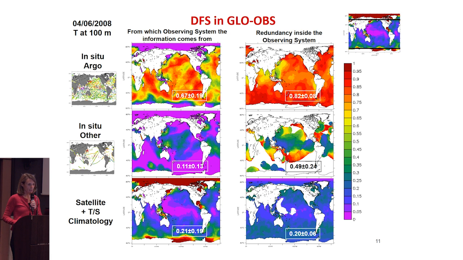The density of the instruments is very dense in this area. We can also see that the other in situ observations give little information, and that there is some redundancy in this other observing system, mainly because of the tropical moorings that sample at very high frequencies.